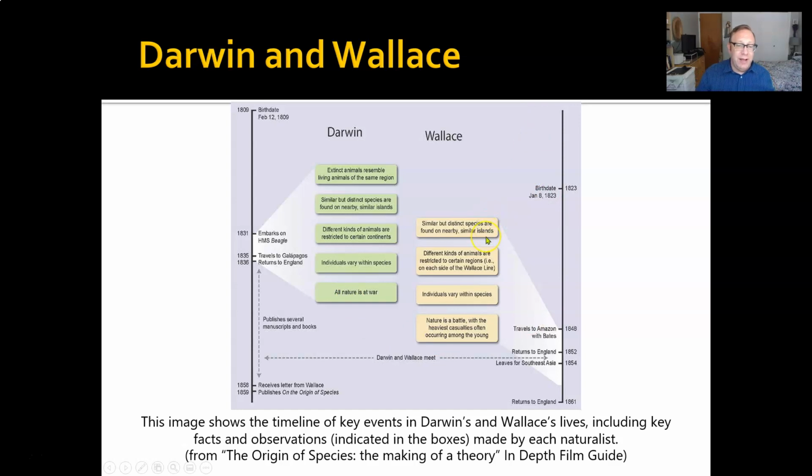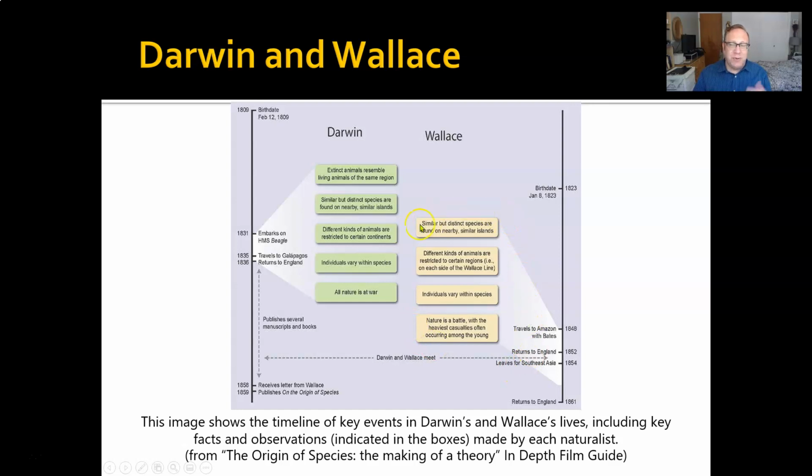Wallace, on the other hand, whereas Darwin came from a privileged background, Wallace did not. He wasn't poor, but he didn't have the family resources to draw upon that Darwin did. So in order to fund his expeditions, he had to collect specimens that he would then preserve and sell when he got back to England.